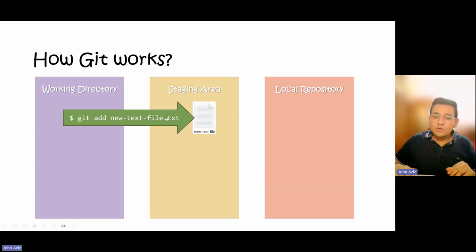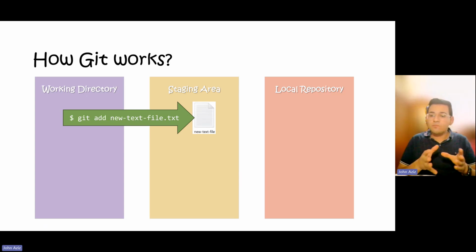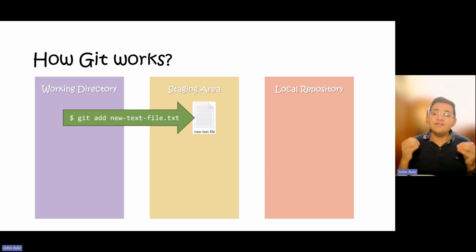So in order to do the next step, which is to move our file to the local repository, I have to use a command called git commit. Git commit moves the file from the staging area, or the changes in general, to the local repository to make our changes saved in the Git history, or the Git version management system.